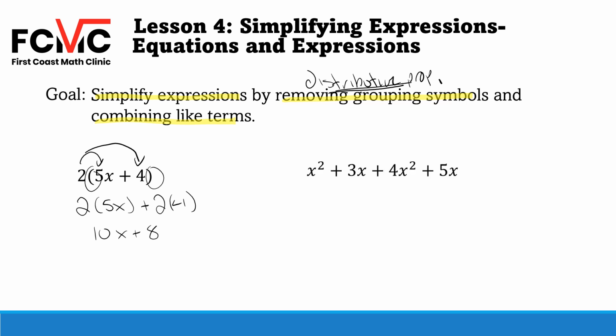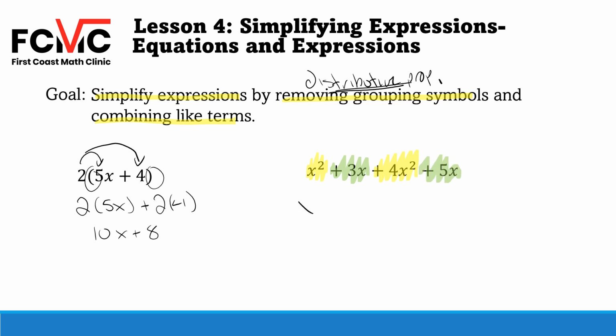And if we have something like this, x squared plus 3x plus 4x squared plus 5x, and we want to simplify this, we've got to identify our like terms. So our like terms have the same variable raised to the same power. So our x squared and 4x squared, plus 3x plus 5x.